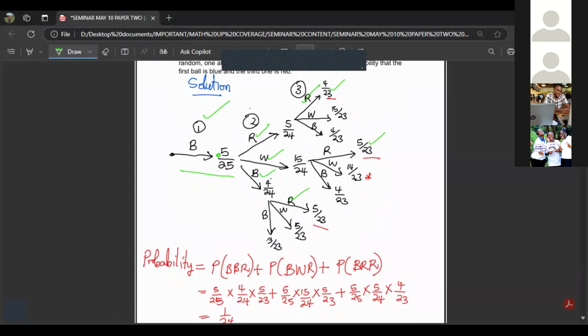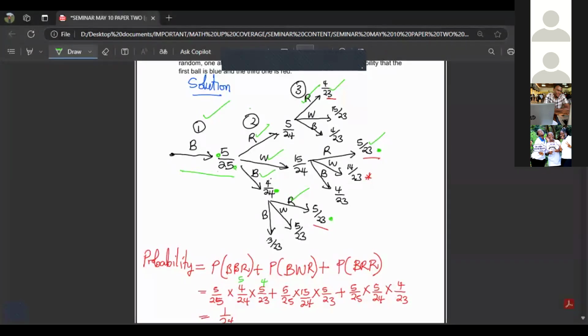This would have been a 5 and this is a 4. Yeah, but that's for the first one. Then the second one, I could have blue, white, and red, so I have 5/25, 15/24, and then 5/23. Then the third one, I could have blue, blue, and red, so I have 5/25, 4/24, and then 5/23. So yeah, that is it.